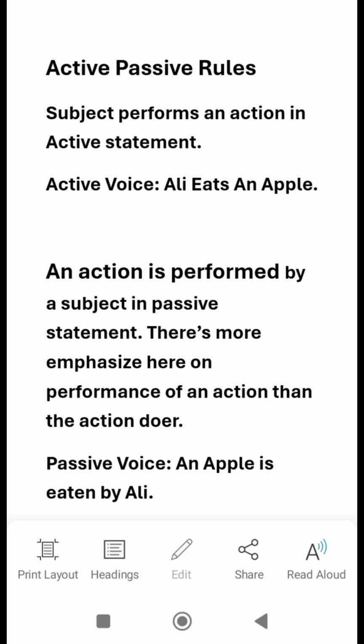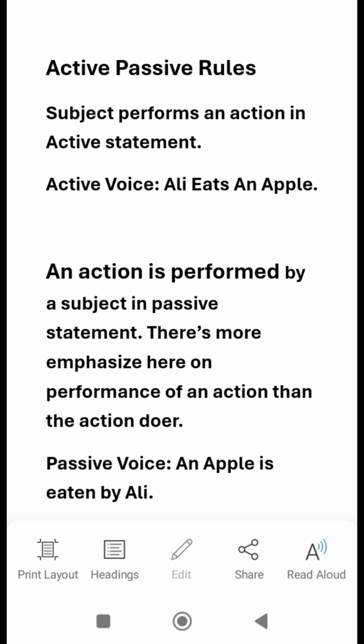Now, you can see that here the stress is upon the action performance. An apple is eaten, right, by whoever. Does not matter that much. So this is a passive statement.